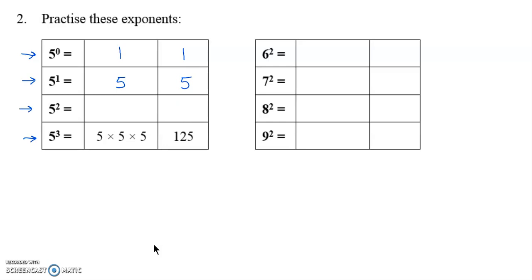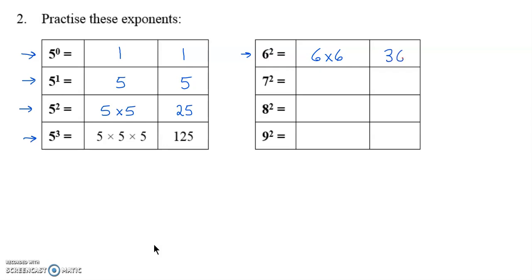For 5 to the power of 2, or 5 to the second power, or 5 squared, this means 5 times 5. And 5 times 5 gives us a result of 25. Let's keep going over on the right-hand side. 6 squared means 6 times 6. So we're going to have a perfect square here.